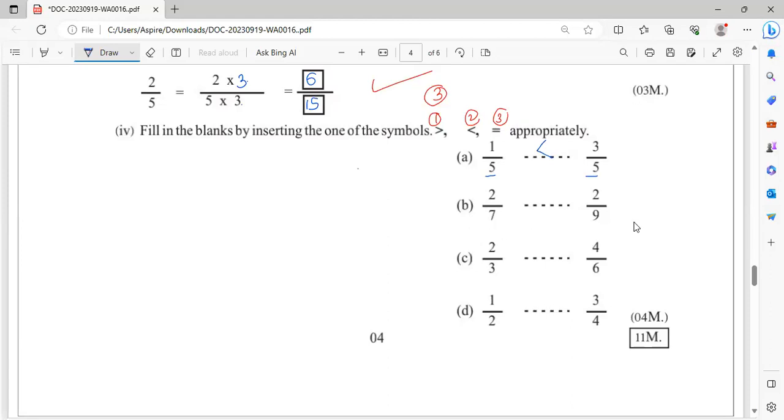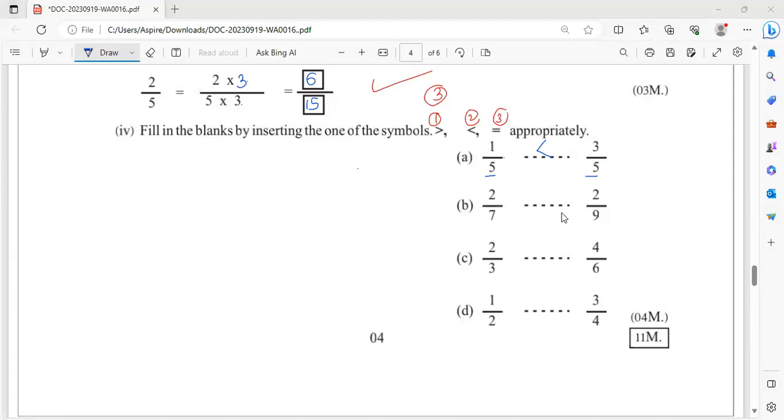Now here for the B, what is the suitable symbol? Yes, it is 1. It is because you can see here denominators are not equal.